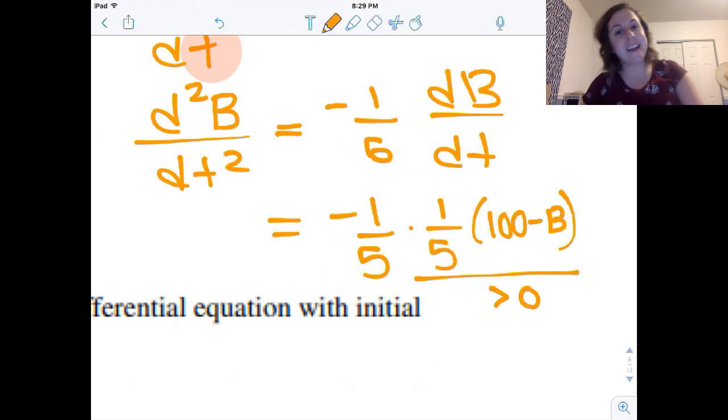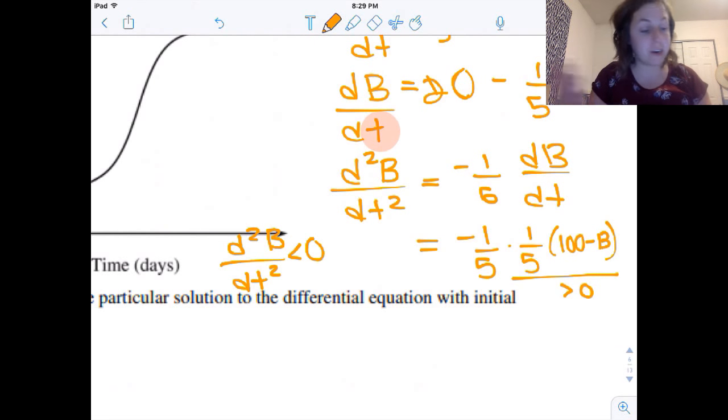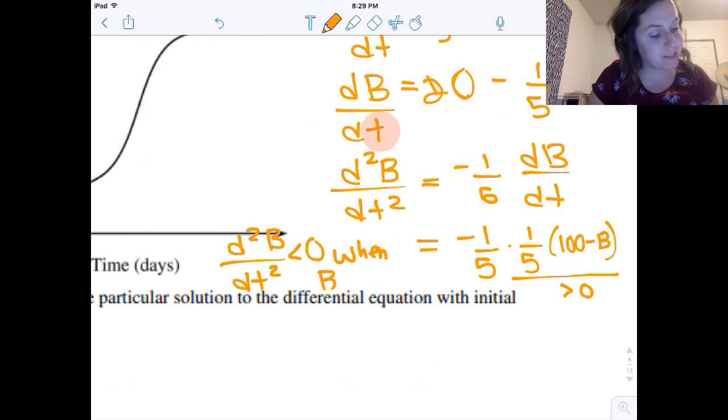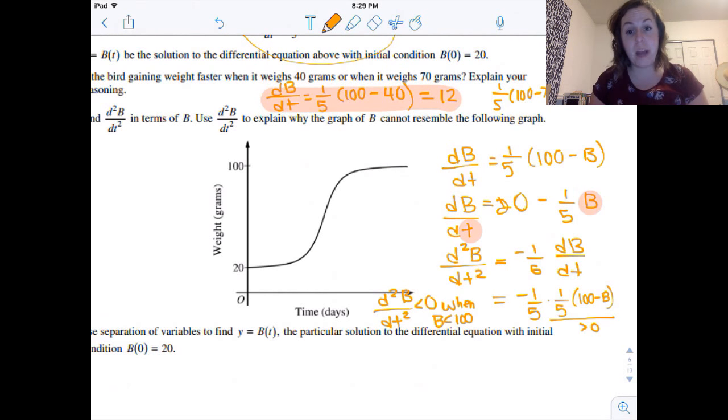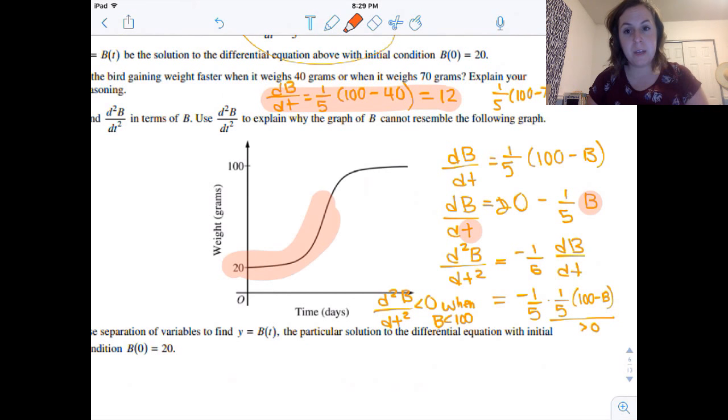So since your second derivative, d squared B over dt squared, is negative wherever B is less than 100, that means my function would have to be concave down there. And if I look at this, my function is concave up. So that would not work because my function's concave up. Again, this is kind of a difficult one, but it's the idea of the concavity.